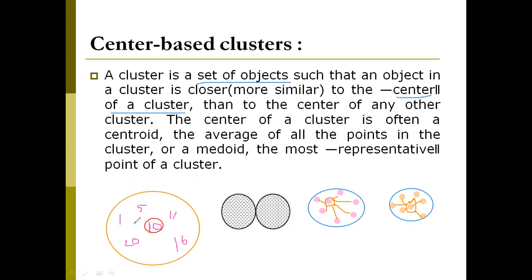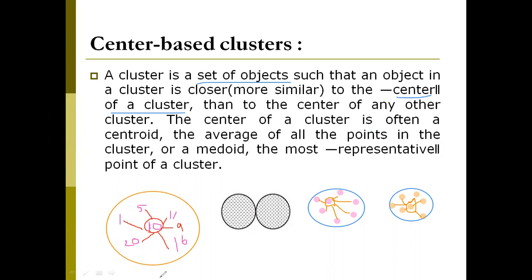Now we can tell the distance: this data point is near to or similar to 10. 1 is similar to 10, 20 is similar to 10, 16 is similar to 10, 11 is similar to 10, and 5 is similar to 10. Even if 9 is also there, 9 is almost similar to 10.